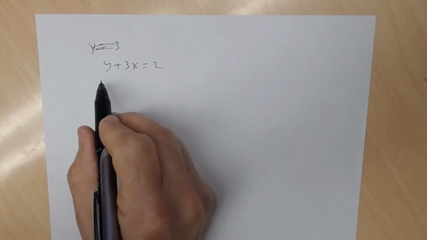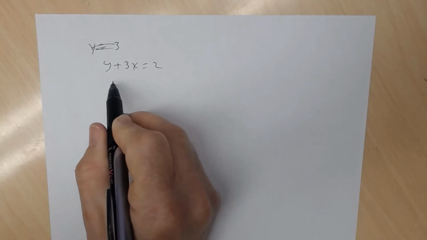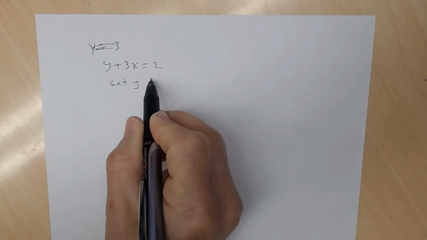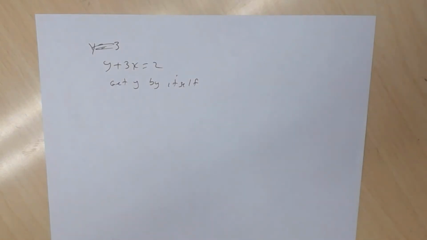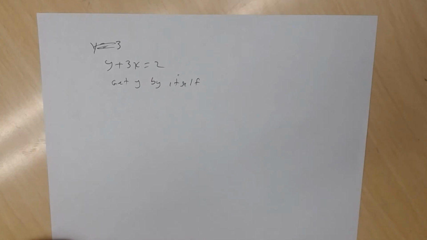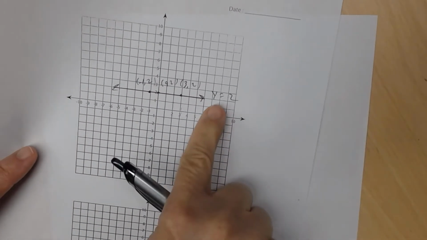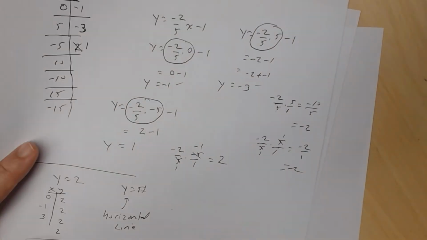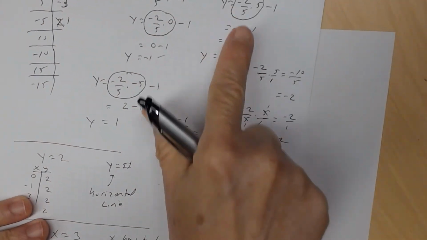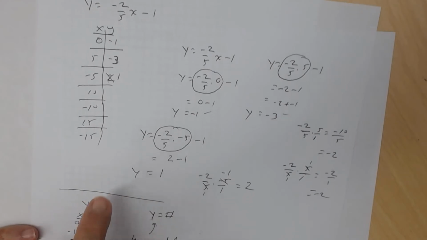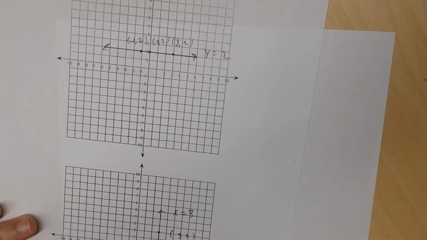That's the way I would do that one. Because if you look at all the problems that we've done, except for the x equal a number, we had y by itself.